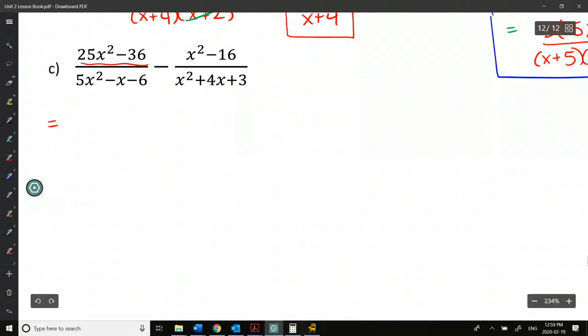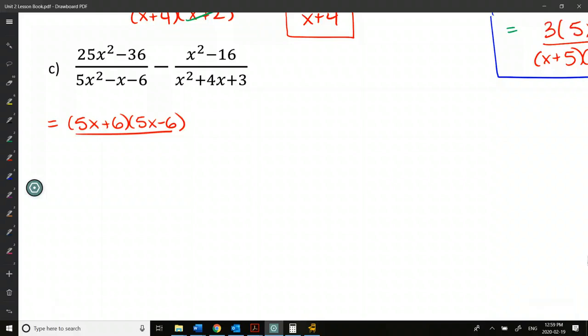Factor and common factor everything. So let's start with top left. Can we factor this? Ooh, it's a difference of squares. So 5x plus 6, 5x minus 6. Lovely. Bottom left. So this is a trinomial when a is not equal to 1.